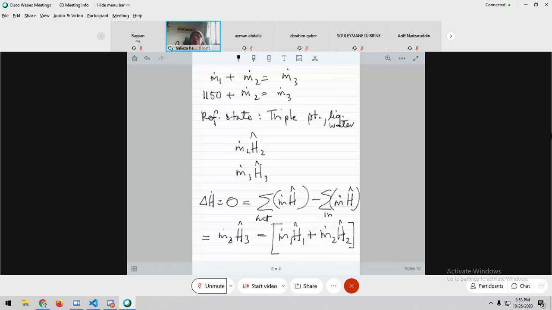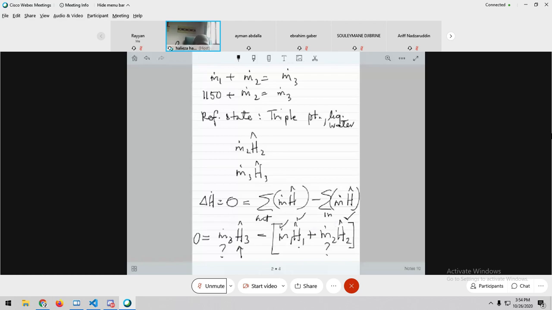Okay, guys, it's almost time up. If you have any question, we will look again at this example next week. But for those who already know how to solve it without looking at the example, find the enthalpy H3, which I haven't done. We already found the enthalpy of M1. We don't have M2 and M3.